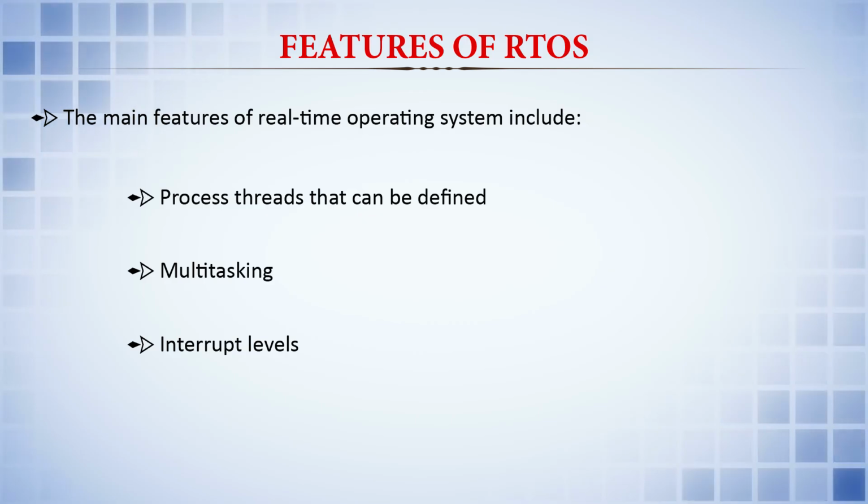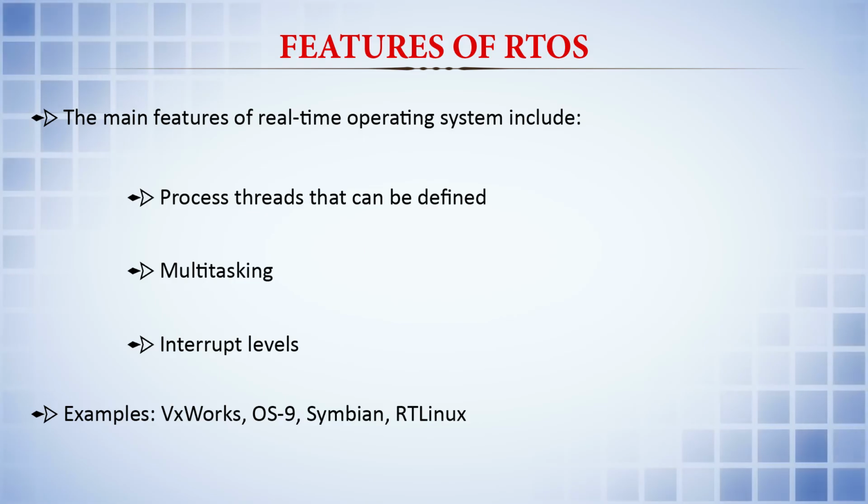If you take the real time operating system examples, VxWorks is a very prominent example we can quote, which is a real time operating system that works in many embedded systems. OS 9, that is operating system 9, is another real time operating system. Symbian is another, and RT Linux, the full form being real time Linux, is an open source software which takes care of the real time happenings of the Linux operating system.